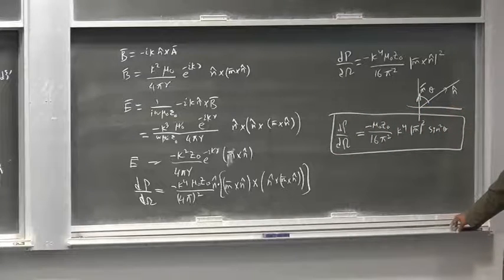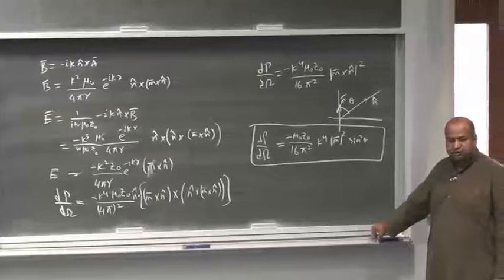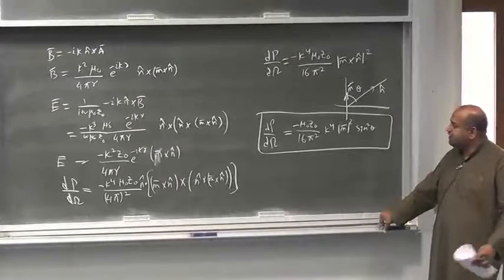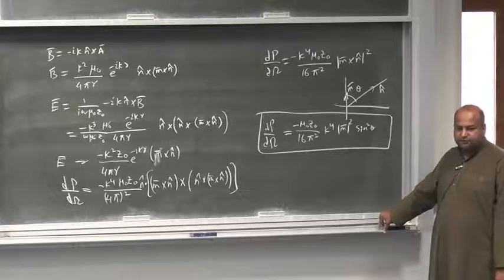So electric और magnetic dipole दोनों की power distribution same है. The only difference is just in the polarization of the emitted wave.